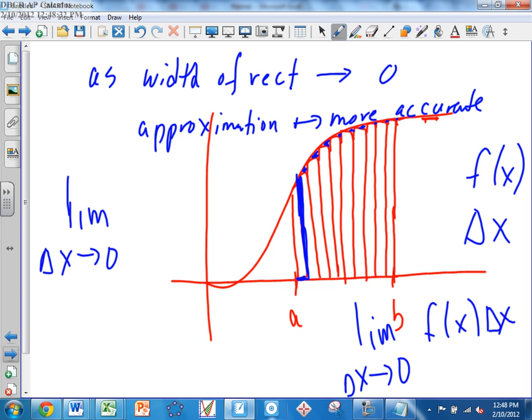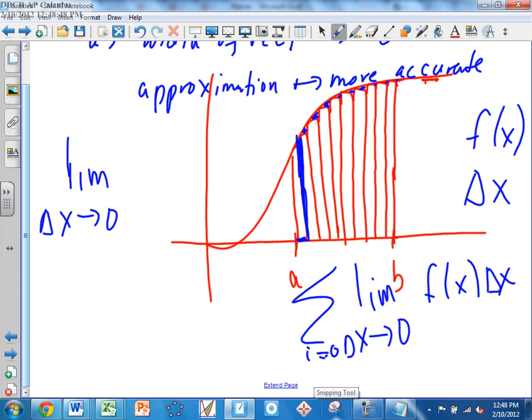If you can sum these, so in the front here, put a sum symbol. So it's the sum of all the areas of f of x from, we could say, i equals 0, I'll tell you in a second what it means, to n, where n is the number of rectangles in the diagram. So, from 0 to however many rectangles you have.